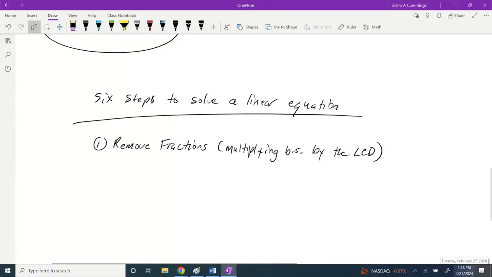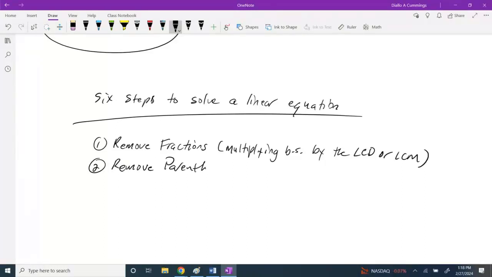All right, so that's the least common denominator or the least common multiple. And we'll talk about what that is. The second step is to remove any parentheses. And you're going to remove parentheses by using the distributive property.